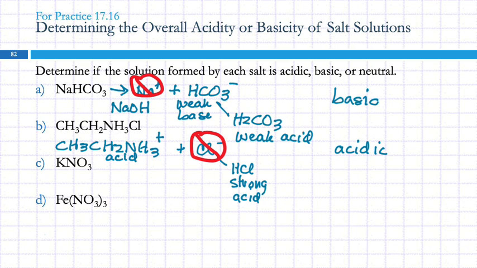KNO3, what are the 2 ions? K+ and NO3-. Well, is K+ the counter ion for a strong base? Yeah, it is. KOH is a strong base. So this guy doesn't do anything.